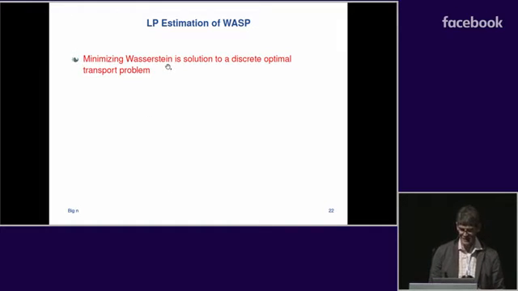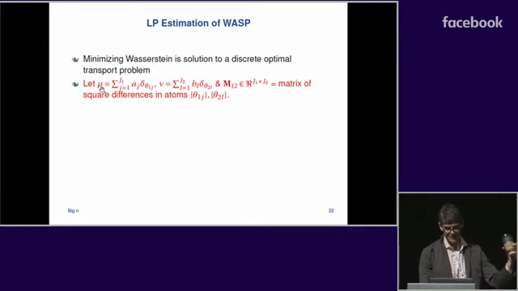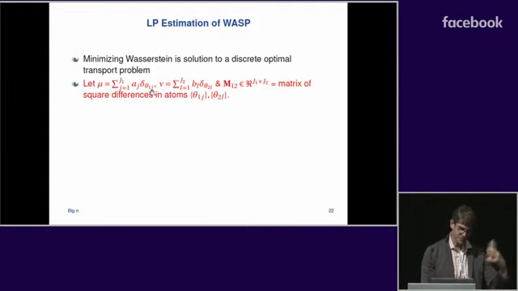The minimizing Wasserstein barycenter is a solution to a discrete optimal transport problem. We can write a pair of subset posteriors in atomic form, with weights on different atoms. The atoms we're taking by sampling from MCMC. We have a couple of probability distributions, and then we can define a matrix of squared differences in the atoms.